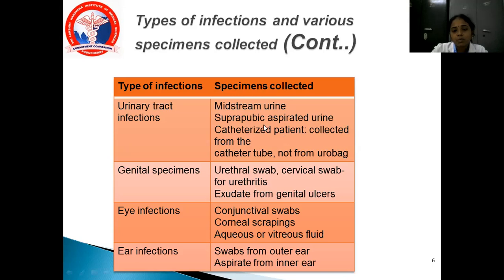In genital specimens: urethral swab, cervical swab for urethritis and exudate from genital ulcers. In eye infection, conjunctival swab and corneal scraping should be collected. In ear infection, swab from the outer ear and aspirates from the inner ear.